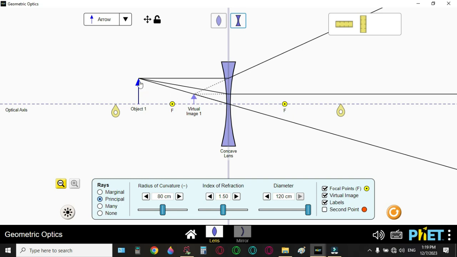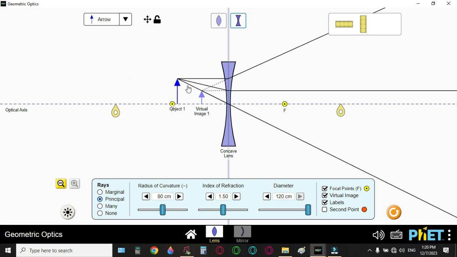This is the third ray, from the head of the arrow towards the lens, and then it passes through the opposite side, and this must also be parallel to the optical axis. And then you just extend this line towards the height of the virtual image. So you have three principal rays, and it is always like that.